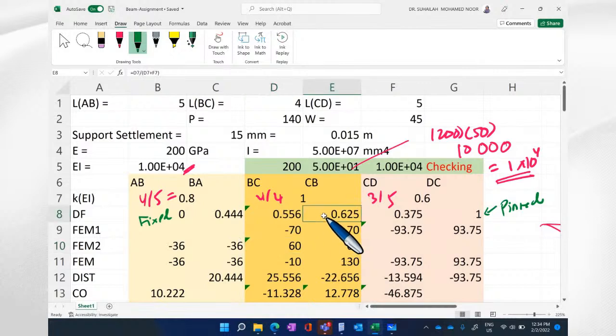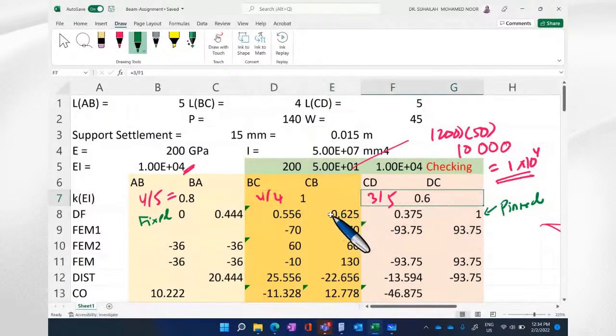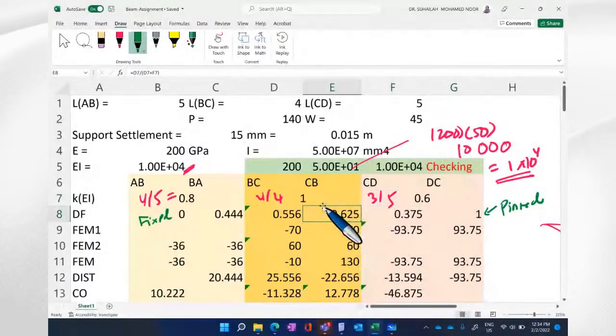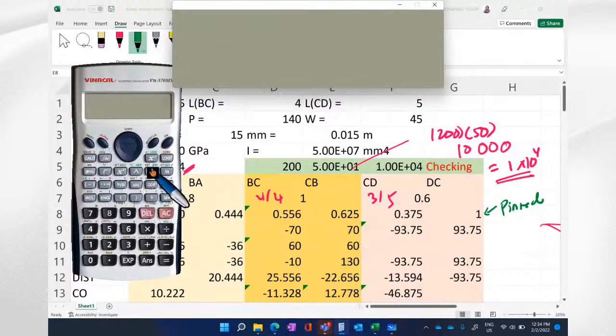We use the same procedure to calculate the distribution factor for member CB. For CB it is 1 divided by the total, 1 plus 0.6, so 1 divided by 1.6.